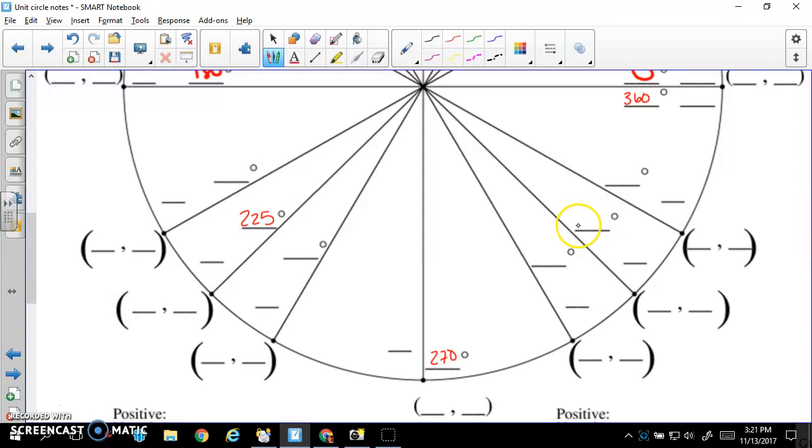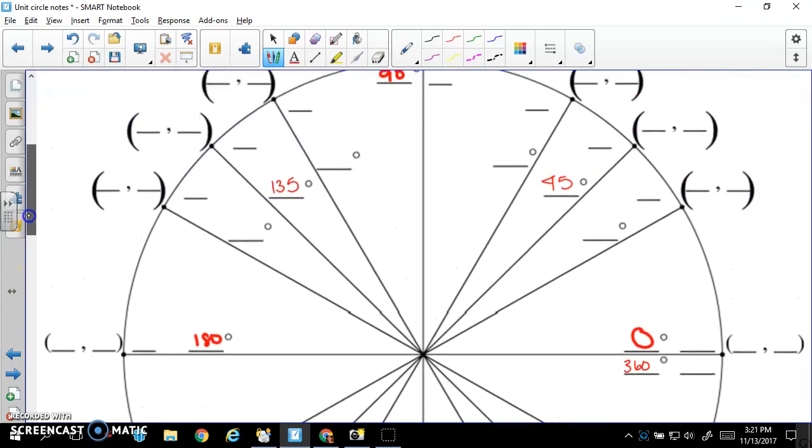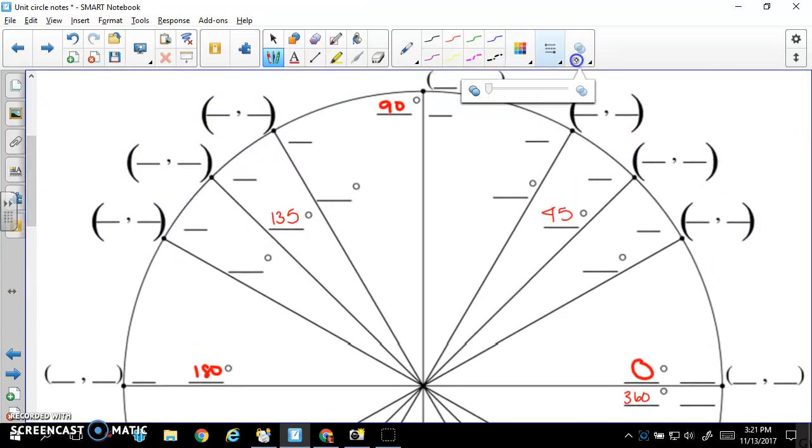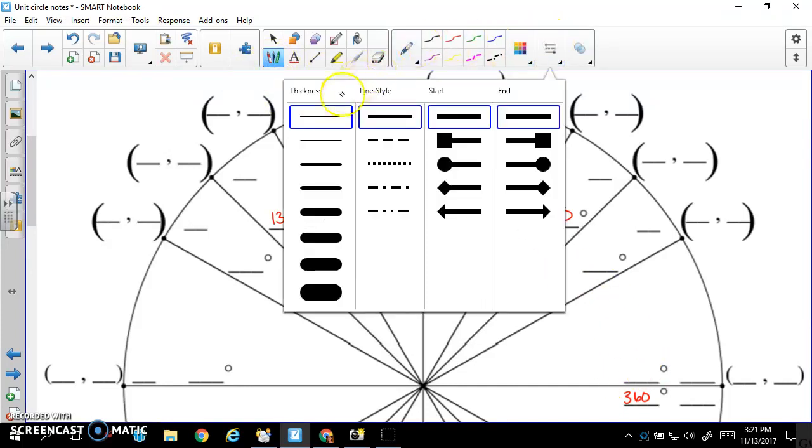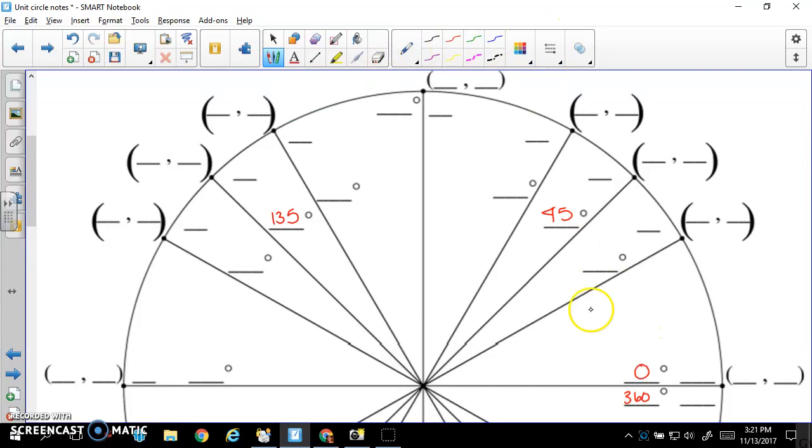And halfway between 270 and 360 degrees is 315 degrees. I will give you a unit circle on your tests and quizzes, but it's not going to have the degree measures on there. So we have to know how to get those degree measures so that I can use them, okay?